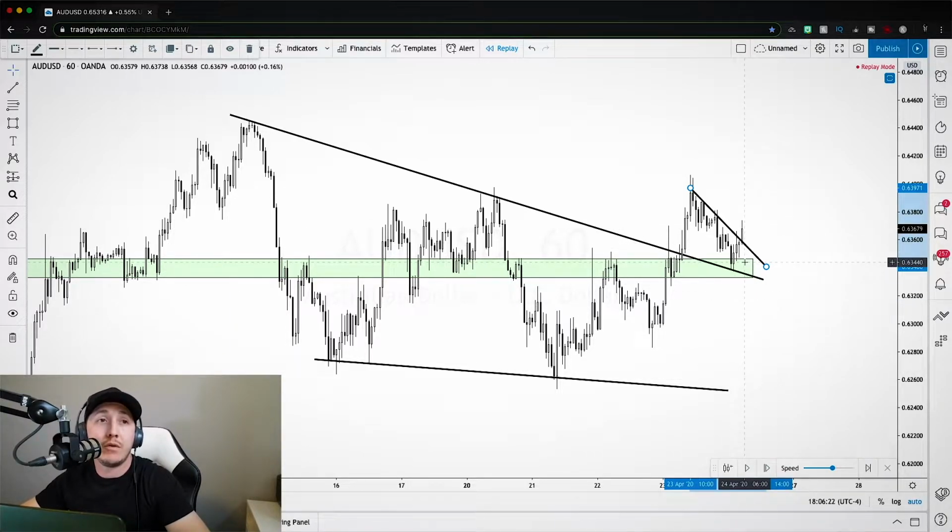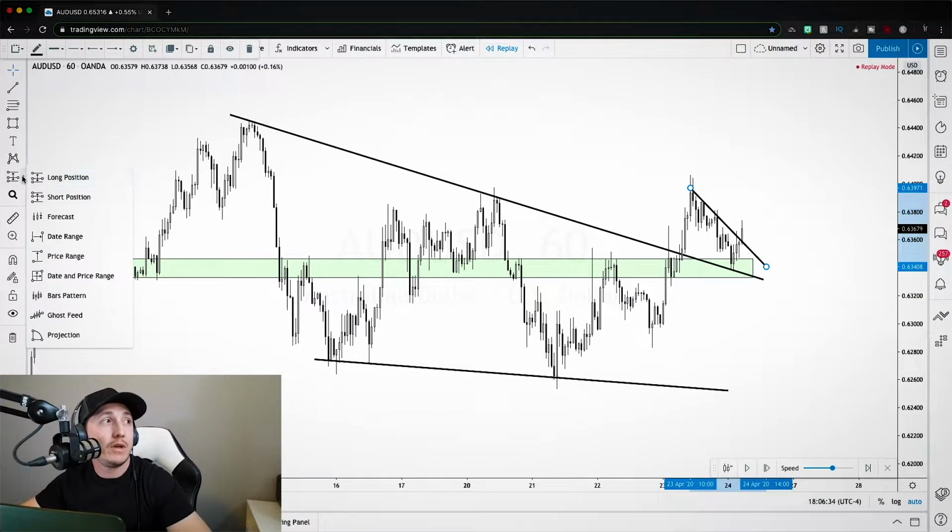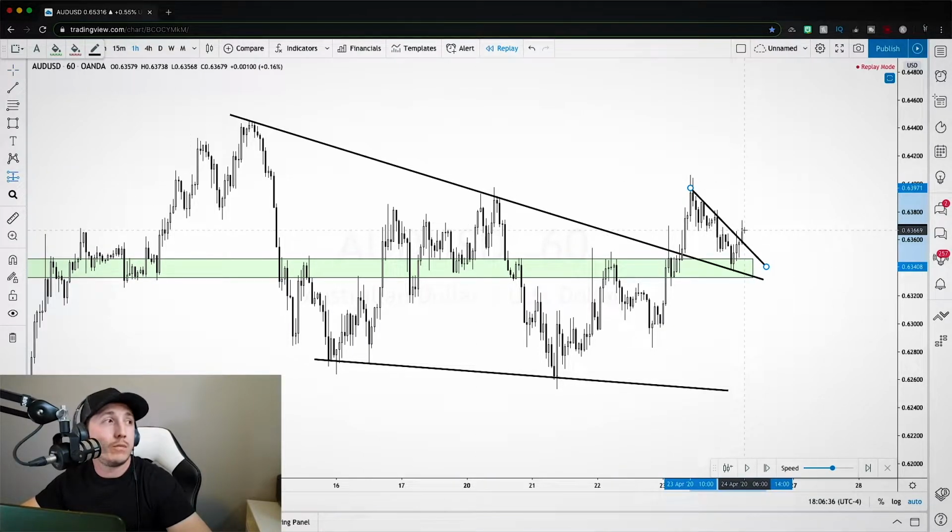This will probably shoot down, give us a fake move out of our pattern and move down, right? So we're going to want to wait for this candle to close. Now that it actually did, we're going to set our position right here.